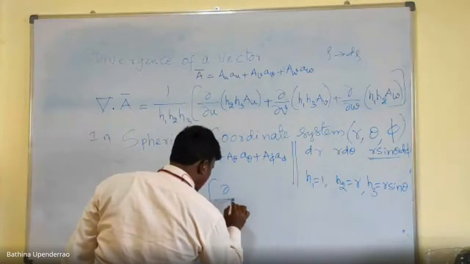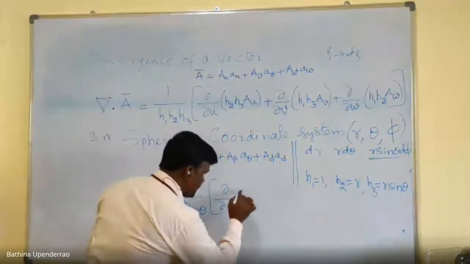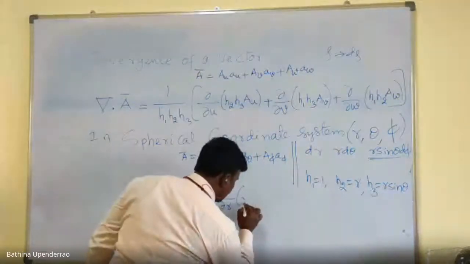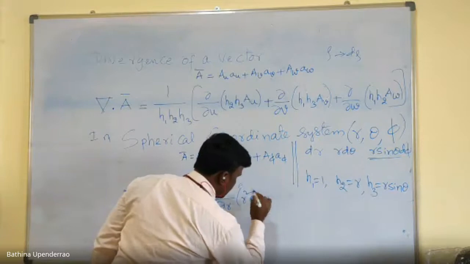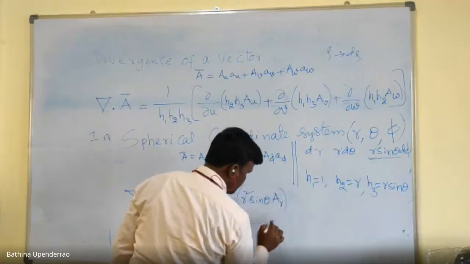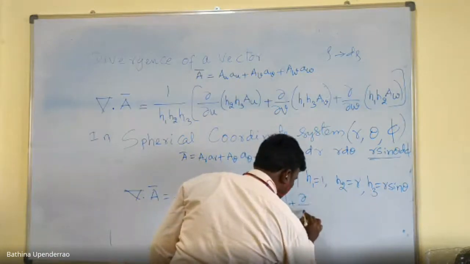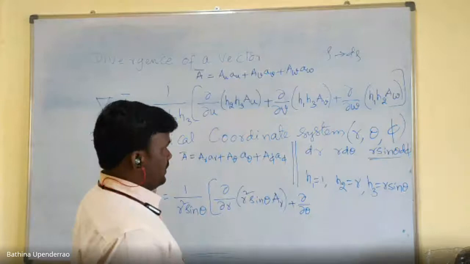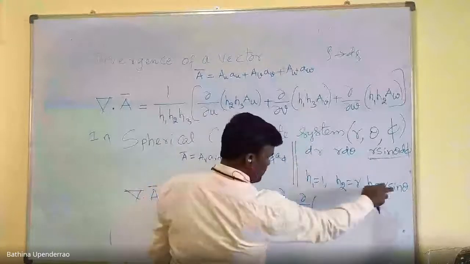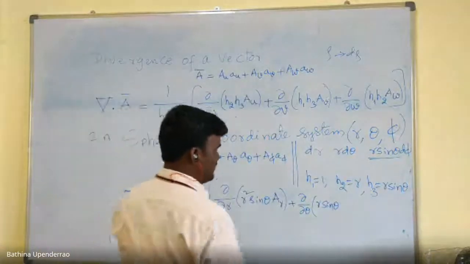The whole multiplication of dou by dou u, where u means the first element. What is the first element? r. Of h2 h3, here h2 is r into h3 is r sin theta, that is nothing but r squared sin theta, into Au. Au means the first element, that is A r. Next, go for dou by dou theta of h1 h3, where v means the second element, h1 is 1 into r sin theta, A theta.